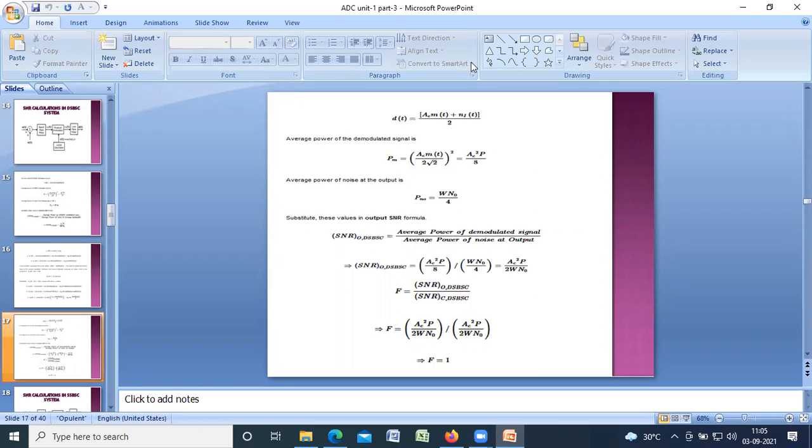How to achieve it? Now see here, that is a mixture of signal plus noise. AC m of t is your amplitude of message signal, so its power comes out like this.